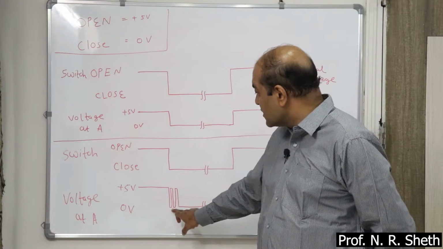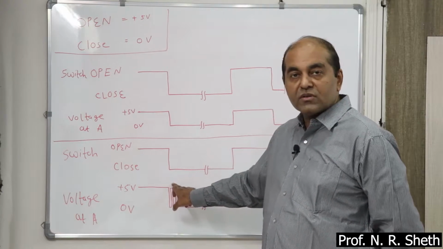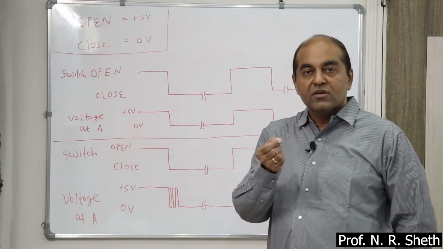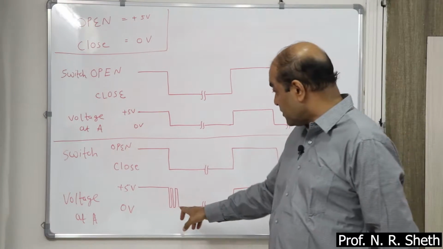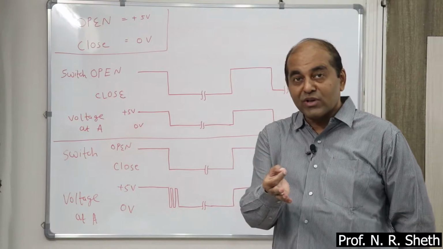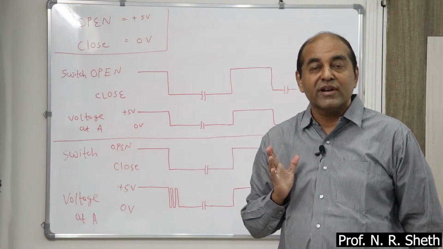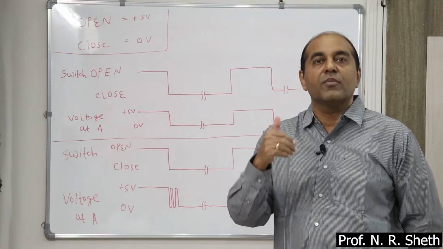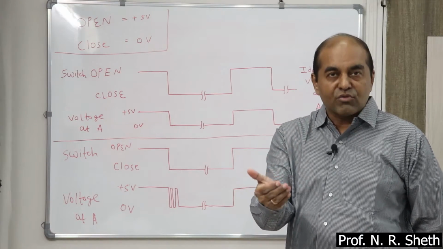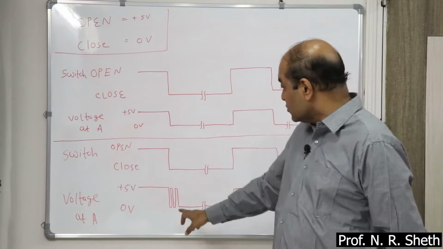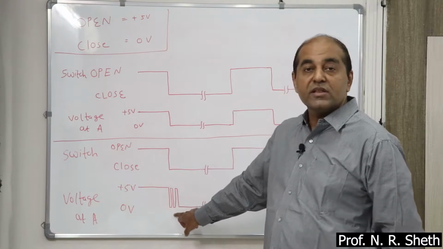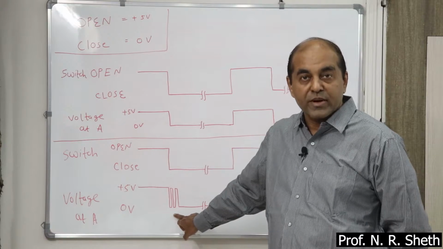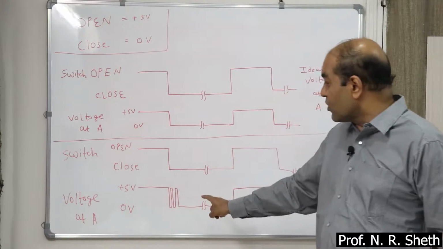Because of this spike, plus 5 volt and 0 volt pulses are produced. Now this pulse is actually a waveform for the next circuit, either a flip-flop or counter circuit or any other. So these waveforms are obtained. These waveforms are said to be the contact bounce problem. This is unwanted.